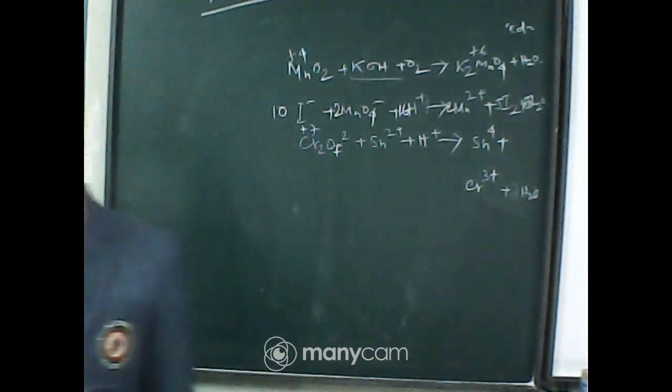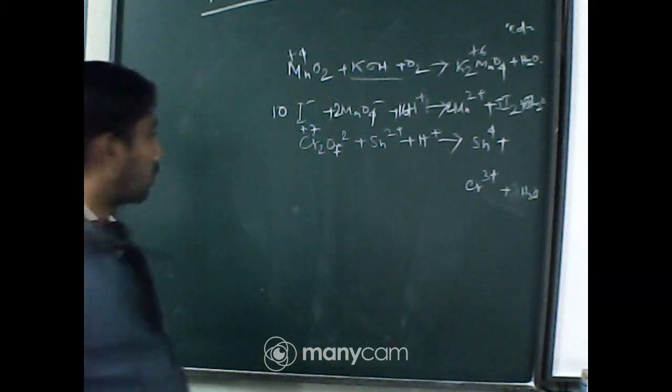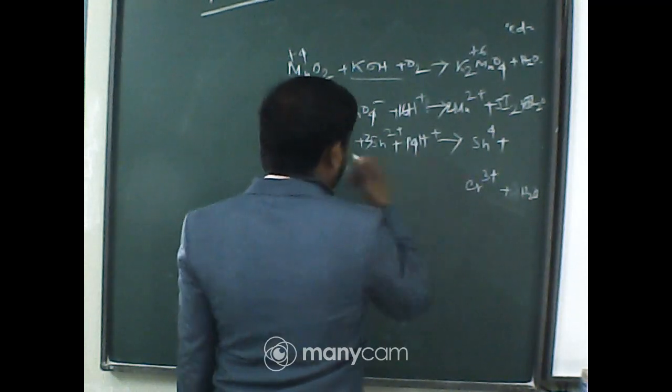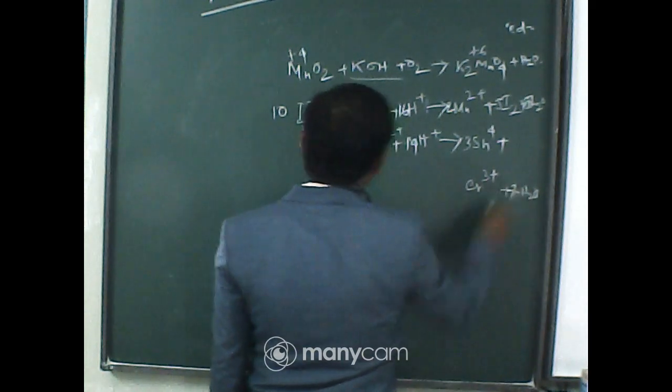The balancing factor here is 3Sn2 plus and 14H plus giving 3Sn4 plus and 7H2O.